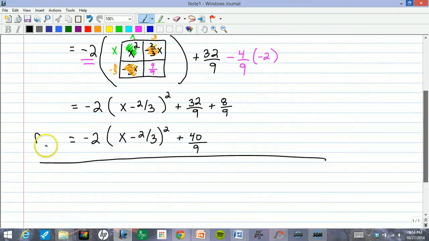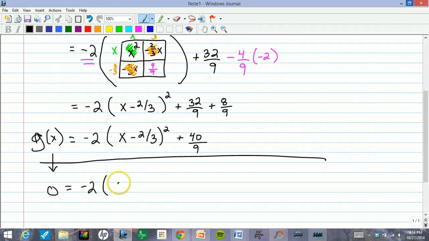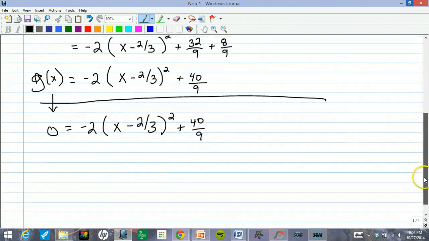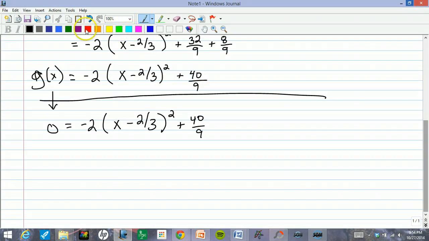Yep, so this is g of x in a new, equivalent form. Set it equal to 0. Negative 2 times x minus 2/3 squared plus 40 ninths. And just work backwards: x minus 2/3, then squared, then times negative 2, then add 40 ninths. So subtract 40 ninths from both sides.